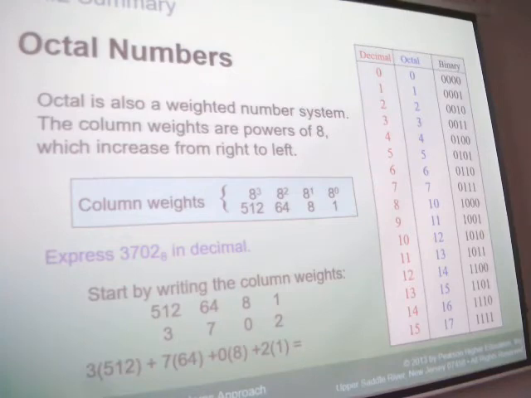And 0 times 8 is 0. 2 times 1 is 2. So the result is 2.